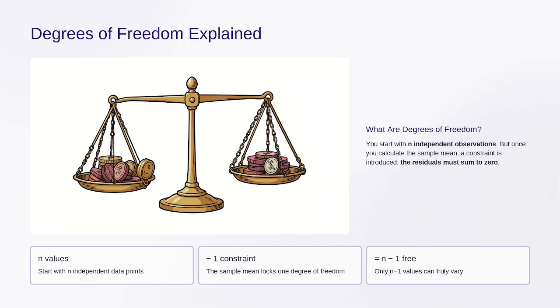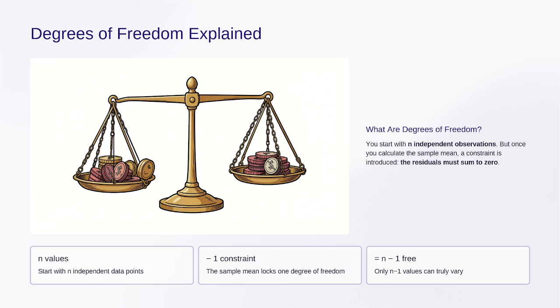Now comes the famous idea, degrees of freedom. Don't worry, it sounds scary, but it is easy. Suppose you have 5 numbers, that means 5 pieces of freedom. But once you calculate the mean, one rule appears. All deviations from that mean must add up to 0. That means if 4 values are known, the last one is forced.